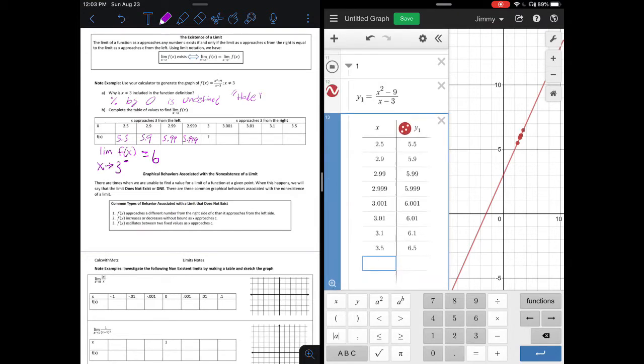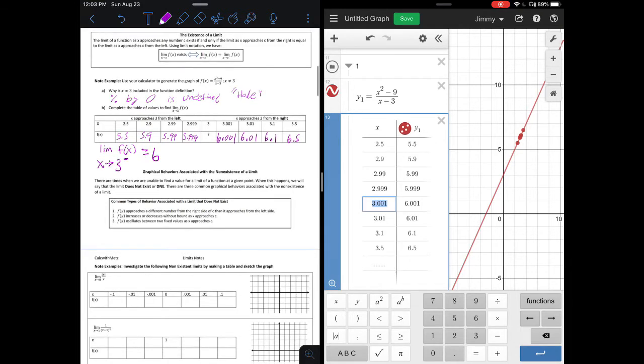Now, if I'm working my way back to 3 from values larger than 3, I'm going from 6.5 to 6.1 to 6.01 to 6.001. And you see how it's really narrowing back to that y value of 6, which means that we could say that also equals the limit as x approaches 3 from the right-hand side for this function of x.